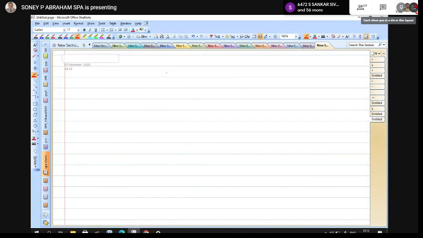Whenever we are talking about asymmetric carbon, we compare that compound with glyceraldehyde. This is glyceraldehyde.